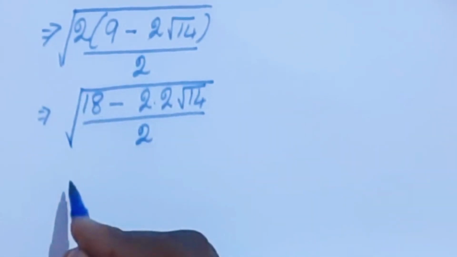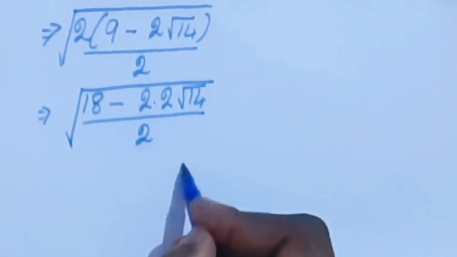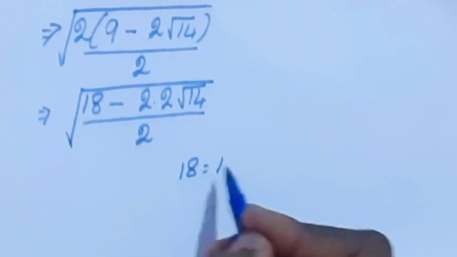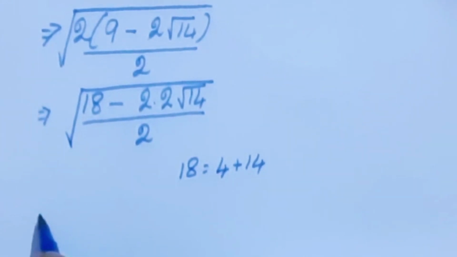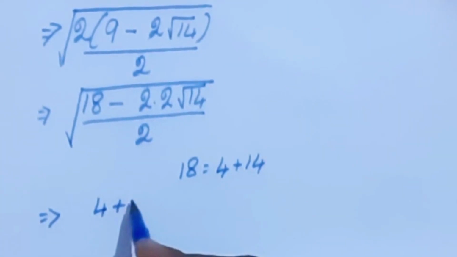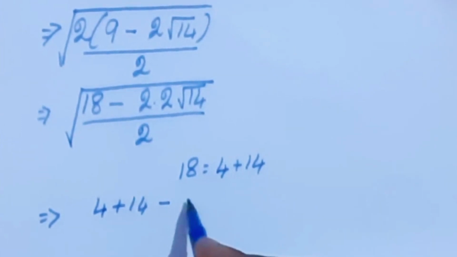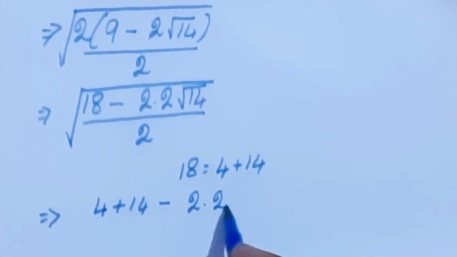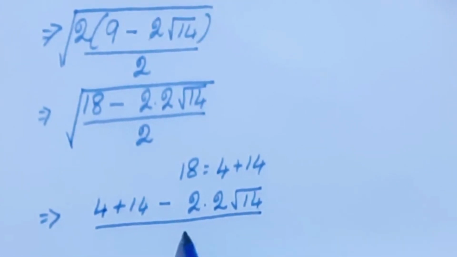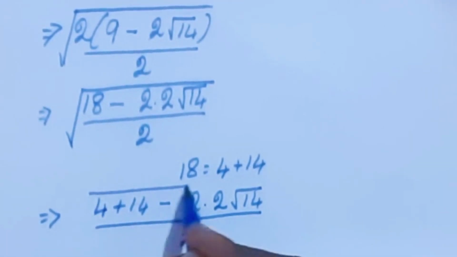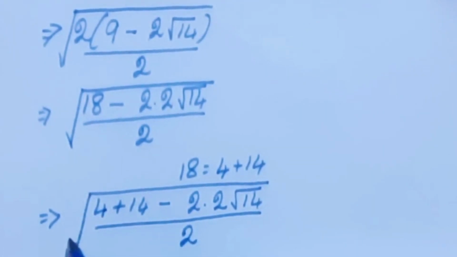Now this 18 can be written as 4 plus 14. So this we are going to apply here: 4 plus 14 minus 2 times 2 square root of 14, divided by 2, in whole square root.